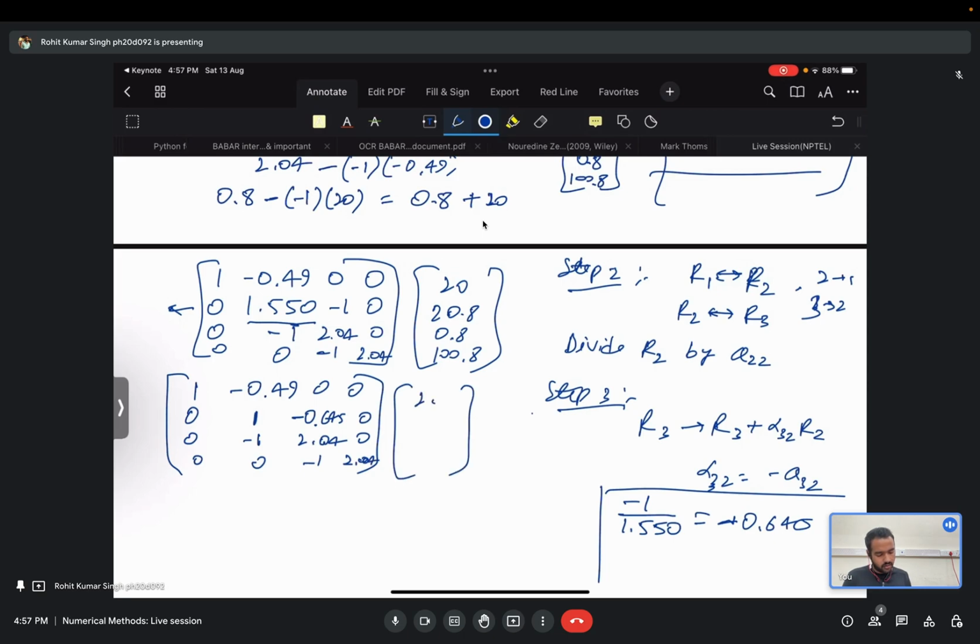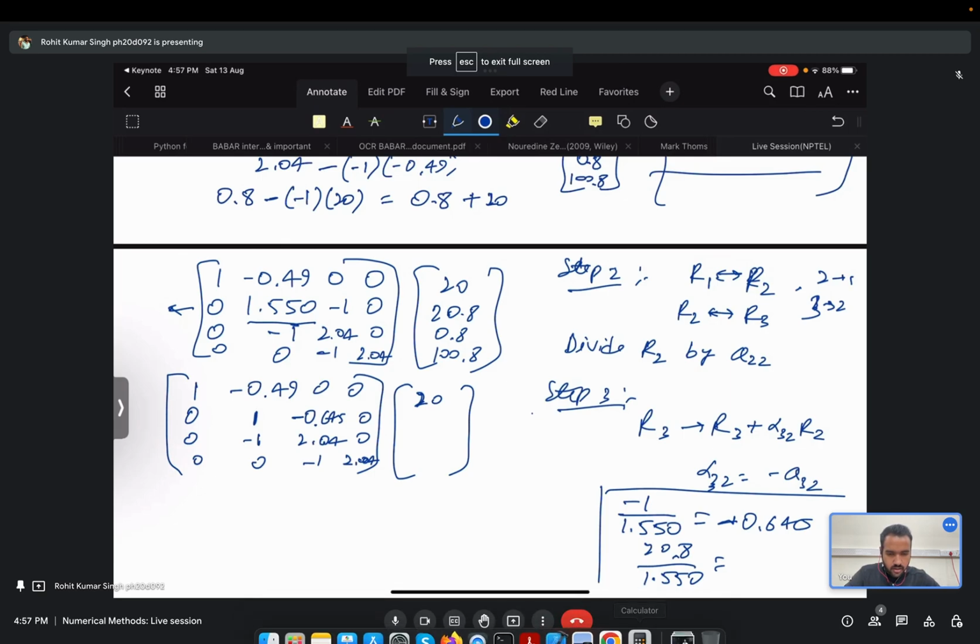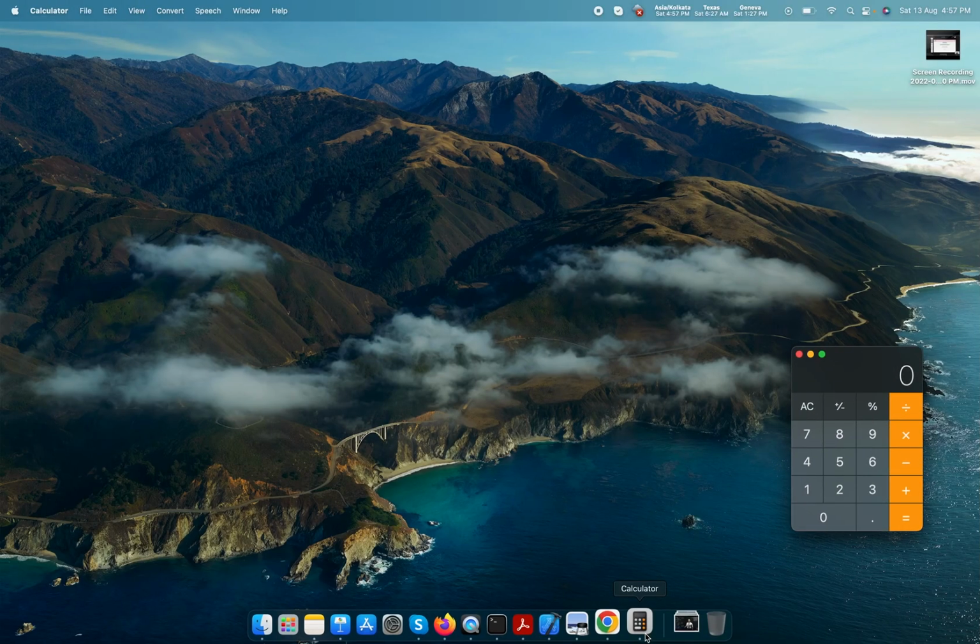Now here you have 20, and you have to divide 20.8 by 1.550. I don't have this calculation, so let me use my calculator quickly.